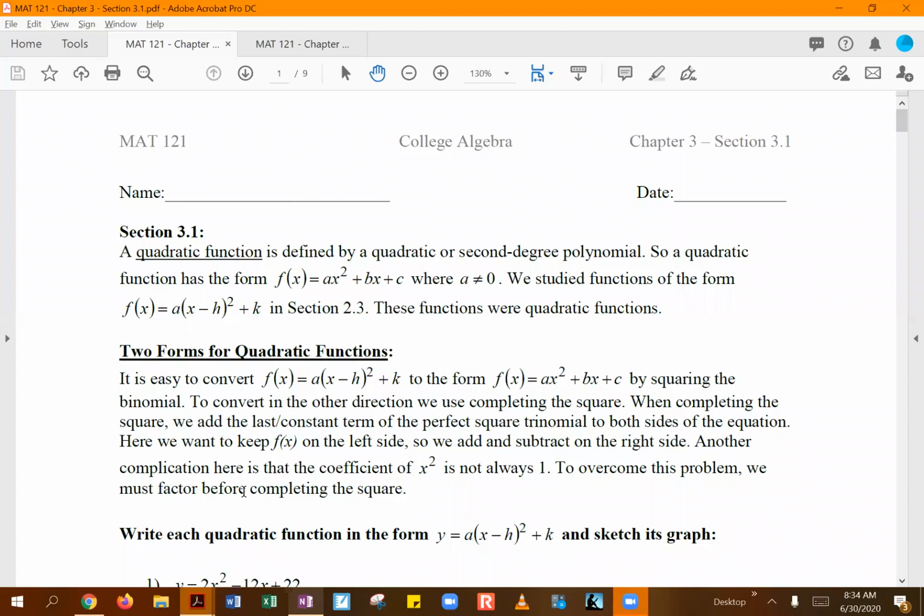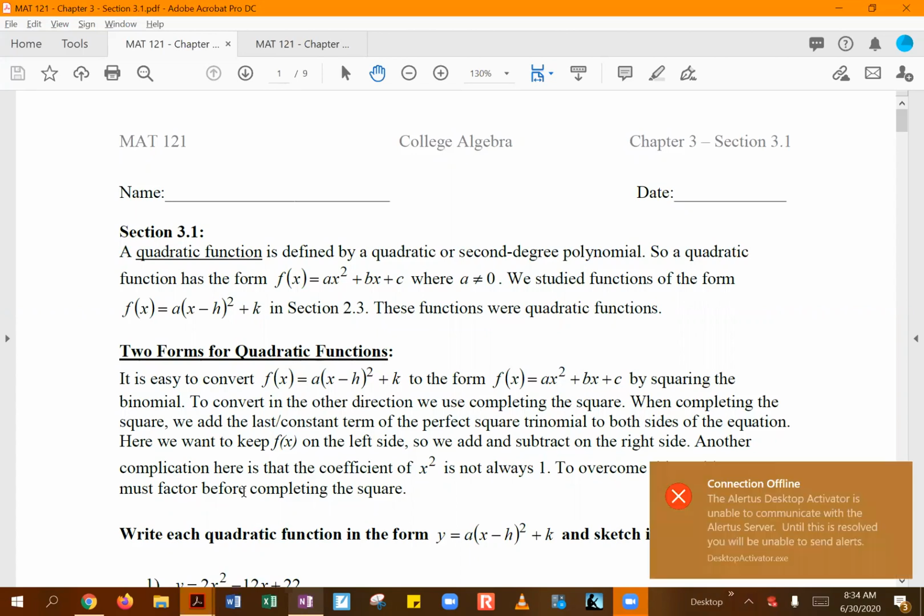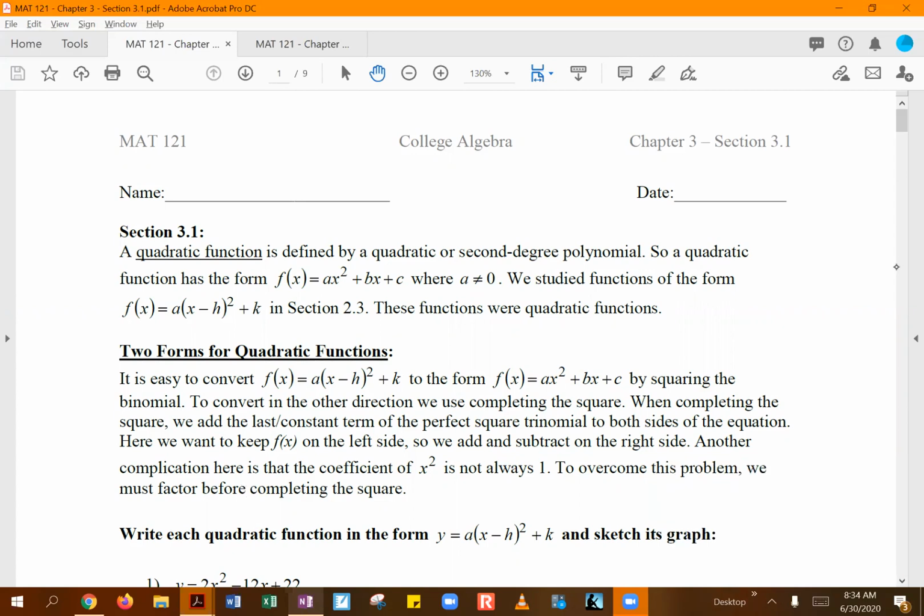Now we looked at these as quadratic equations, earlier in chapter 2, and of course in chapter 1 also. So here, when we're talking about a quadratic function, we're basically saying it's a quadratic or a second degree polynomial. So that means the highest exponent you should see on your x variable should be the degree 2, right? Exponent of 2.